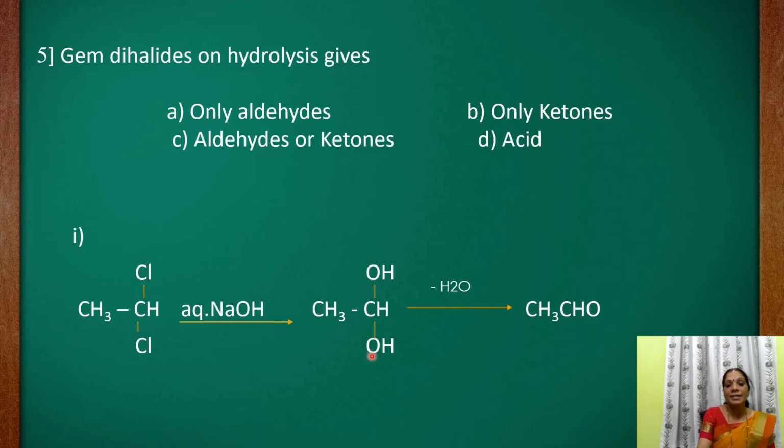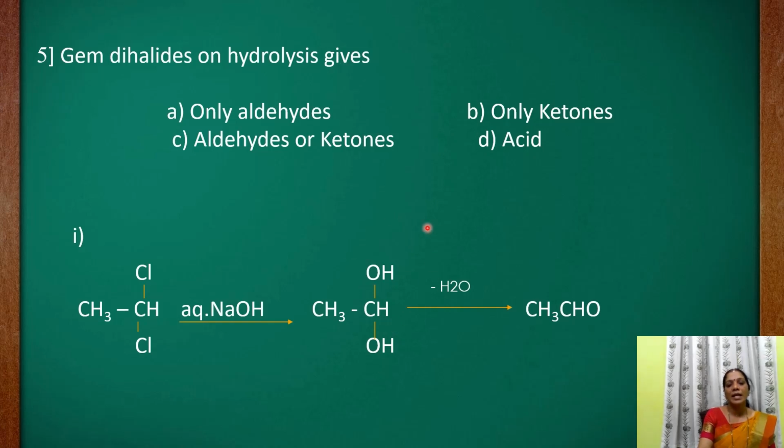Hence, whenever more than one OH group is attached to a single carbon, to attain the stable form, to attain the comfortable state, such compounds eliminate water molecules. Understood? What happens here? Elimination of water takes place since this compound is highly unstable. Within a fraction of a second, elimination of water takes place.